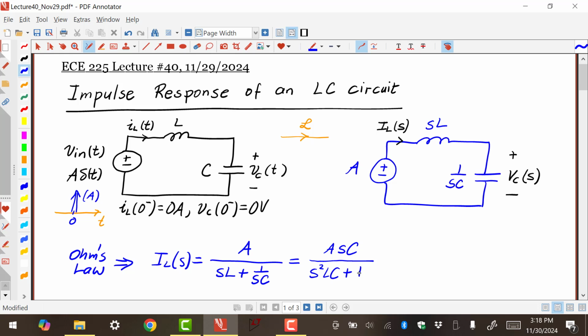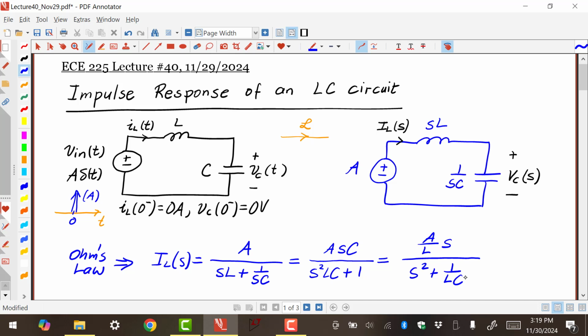So we like to have the s squared term have a coefficient of 1. So if we divide top and bottom by LC, this is what we get: A over L times s divided by s squared plus 1 over LC.